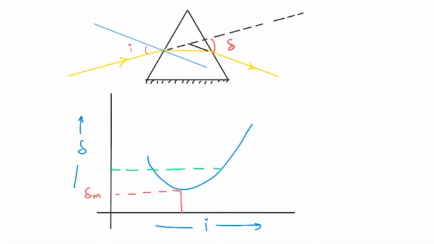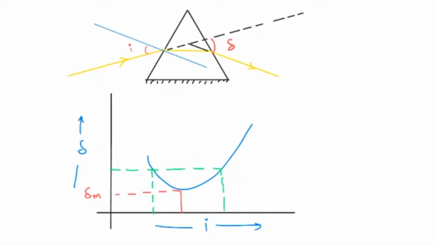Then for this delta, I can have two values of angle of incidence. You can define the angle of minimum deviation as the deviation for which you have a single angle of incidence. Other than that, for every deviation, you can have two corresponding angles of incidence.